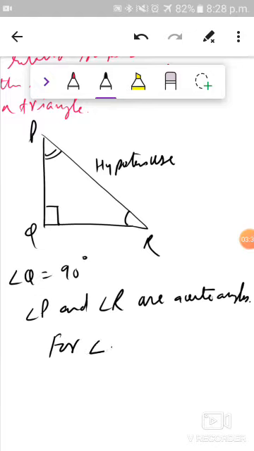So for angle R, the side opposite to angle R. So you see, the side opposite to angle R is what here? PQ. So for angle R, PQ will be perpendicular.